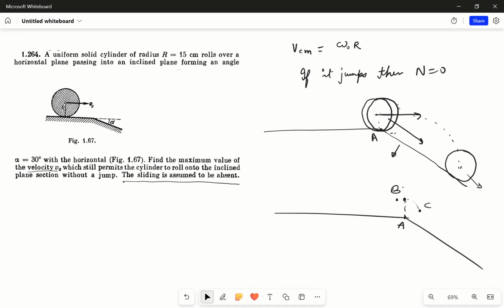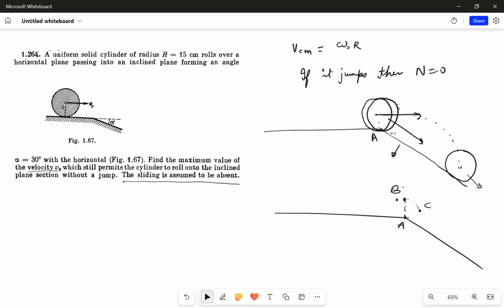So to find the maximum velocity, let's assume the cylinder was rolling with a very slow speed, like 0.001 meter per second.